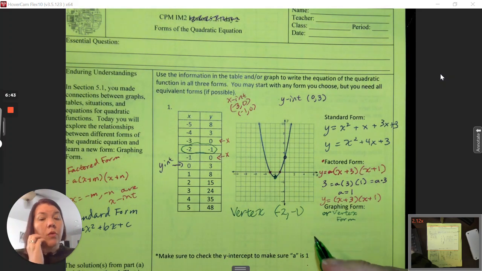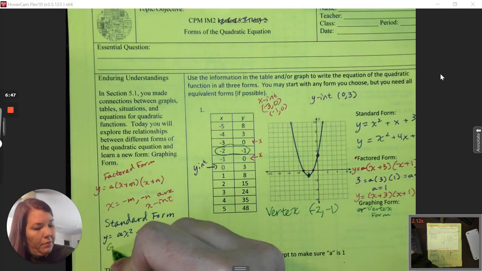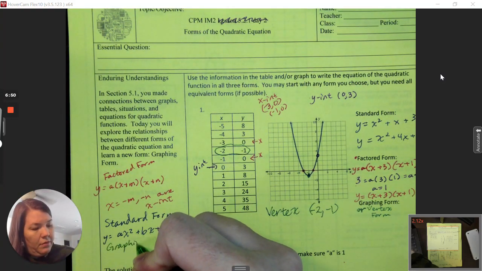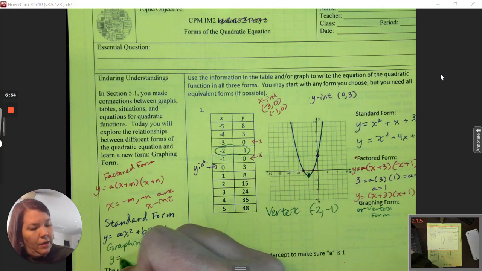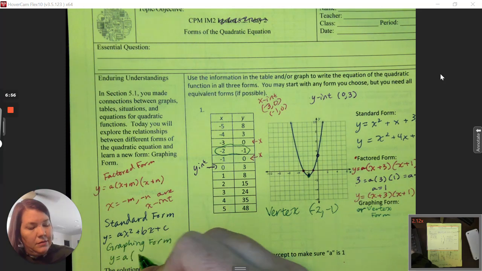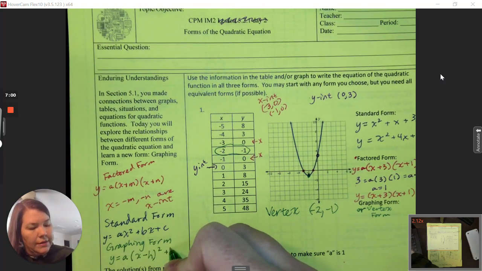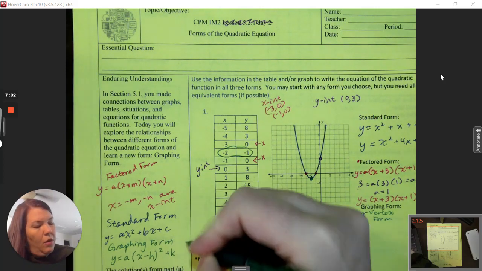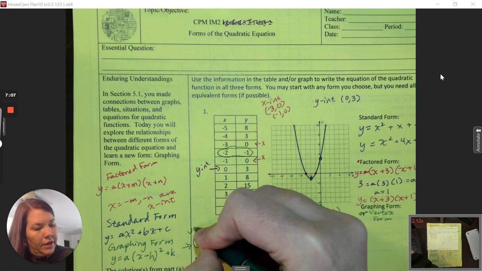So graphing form, let me write it over here like I did with everything else. Graphing form is y equals a parentheses x minus h squared plus k, where h and k is the vertex.